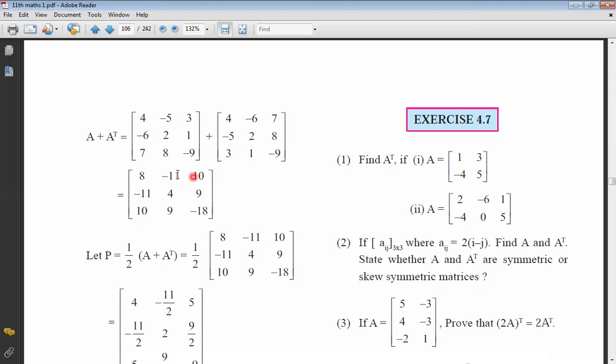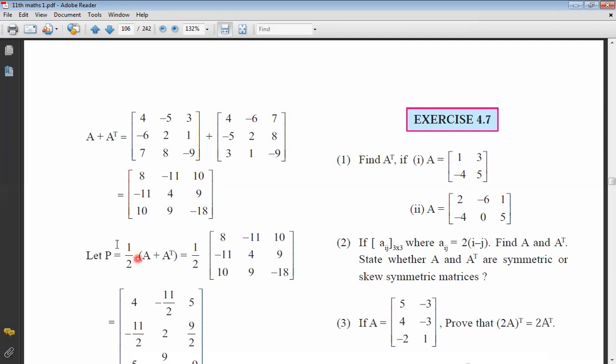So we'll get this. You can see these are the diagonal elements, and Aij is equal to Aji. For example, the first row, second column element is minus 11, and the second row, first column element is also minus 11. Again, the 10s are equal, the 9s are equal, etc. So this is a symmetric part.